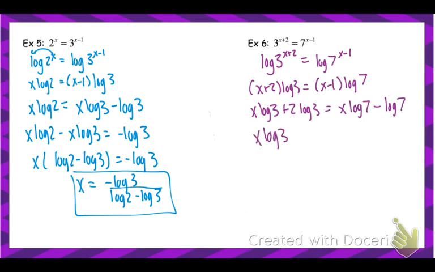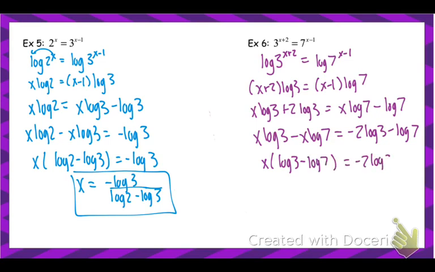So this would be x log 3 minus x log 7. This is going to be negative 2 log 3 minus log 7. Factor out that x, and divide by what's with it.